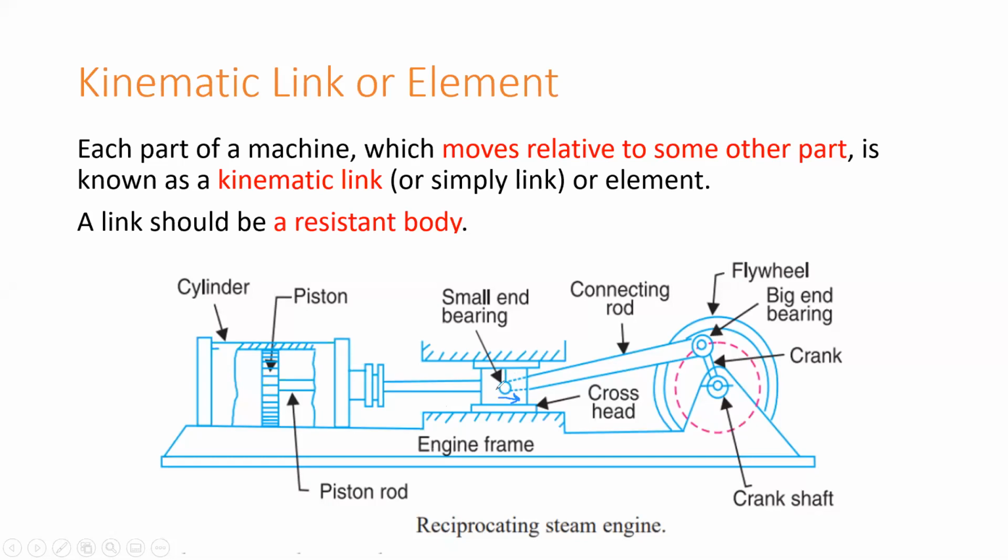As this piston has motion with respect to the engine frame, the piston or cylinder is a separate part. Then this piston is connected to this connecting rod.